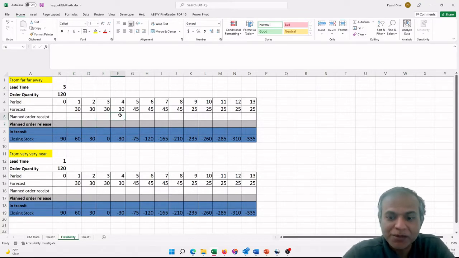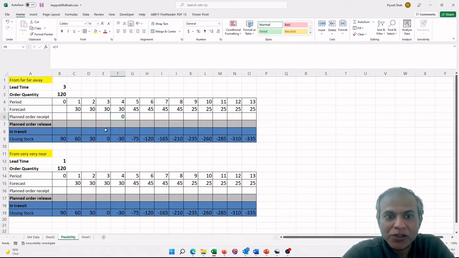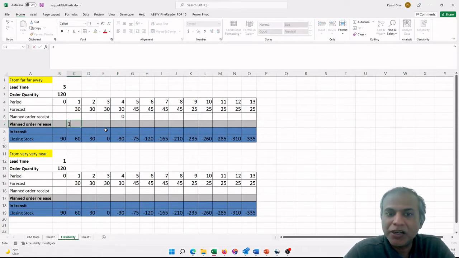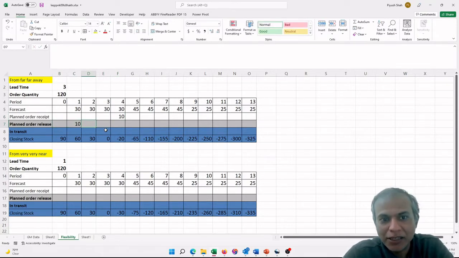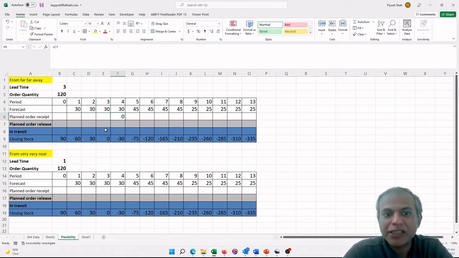So if I need something here, I only will get it if it is released here. Okay, so if I release 10 units in the first period, I will get 10 units in the fourth period. That's the idea of release with the lead time of 3.